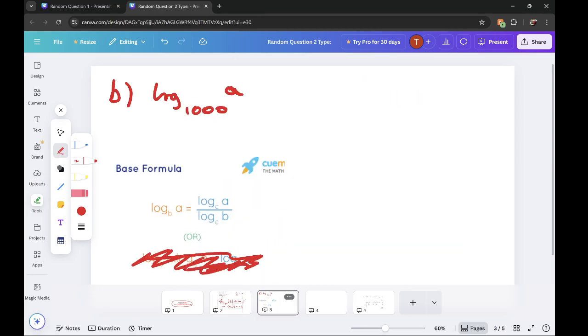This is where this formula comes in. Log base b of a is equal to that. I'm going to explain it in my own terms. C is the base that we want, so 10 in this case. B is the base that we already have, which is 1000. A stays the same.